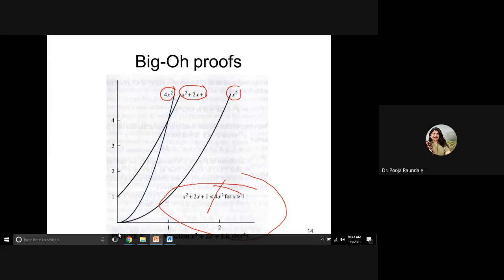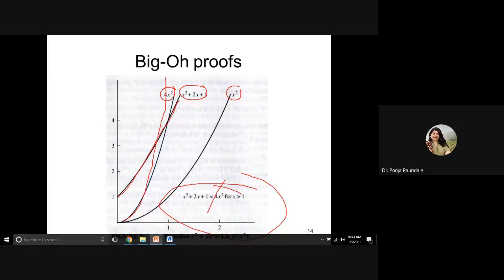Look at how this function performs, and this function performs like this. On units, number of input, which is better?